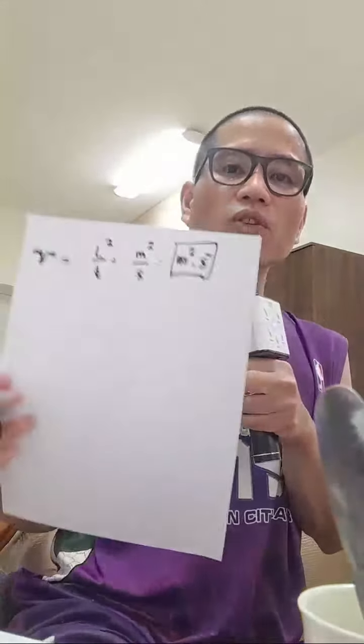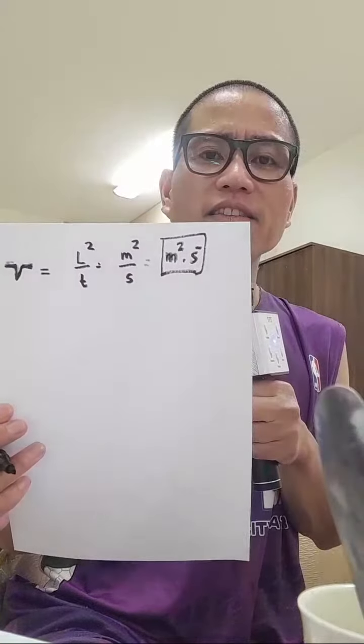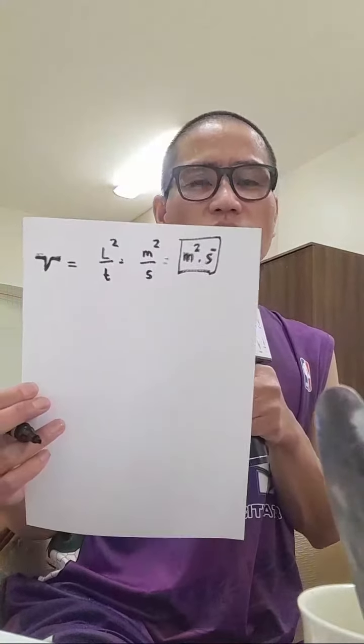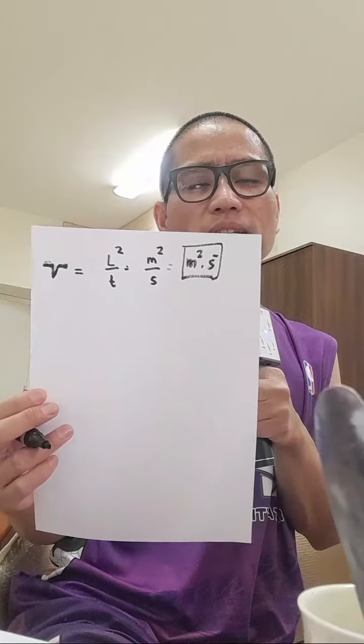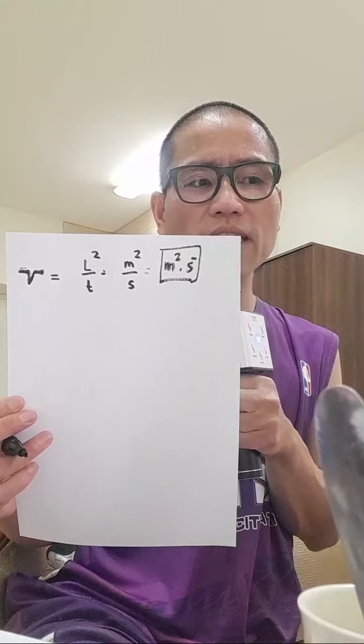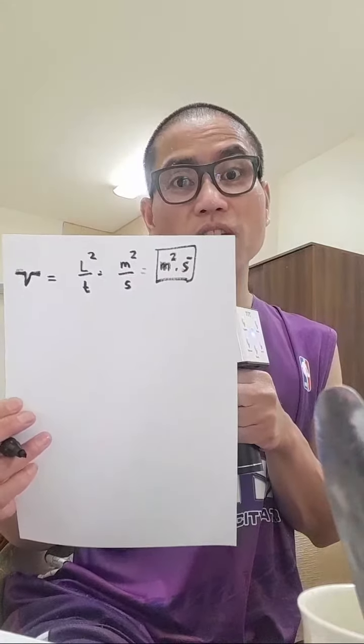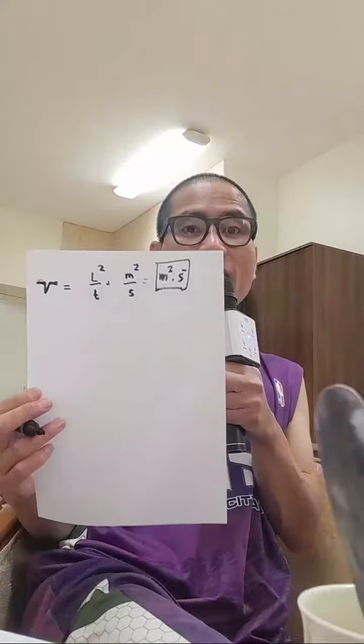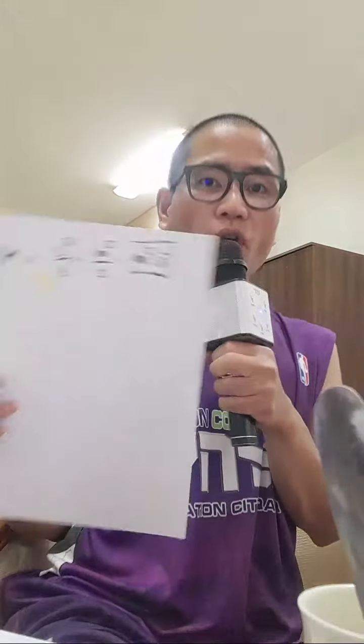If you have the unit like this, then bingo, you can solve for the kinematic viscosity, and you can even substitute it for the viscosity in the denominator of the Reynolds number formula. But don't take it for granted, maybe there's a trick there, so put the units first and then cancel.